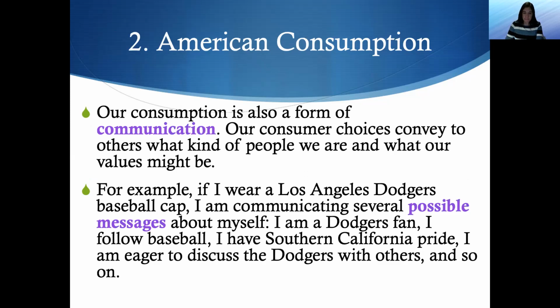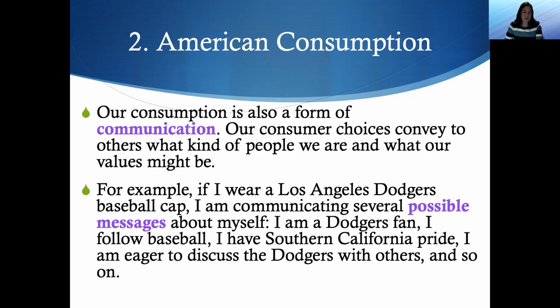So, for example, if I wear a Los Angeles Dodgers baseball cap, I'm communicating several possible messages about myself. I might be telling you, hey, I'm a Dodgers fan. I might be saying, oh, I like baseball in general. I might be saying, I have Southern California pride.